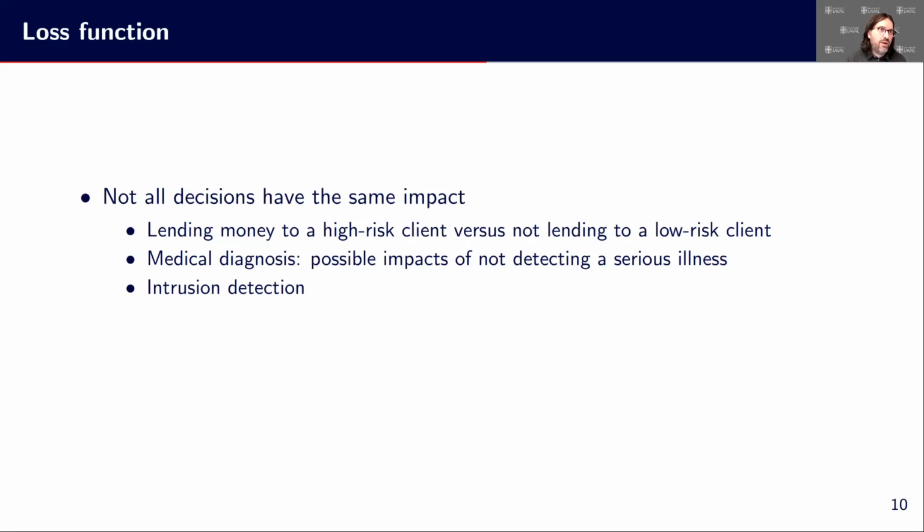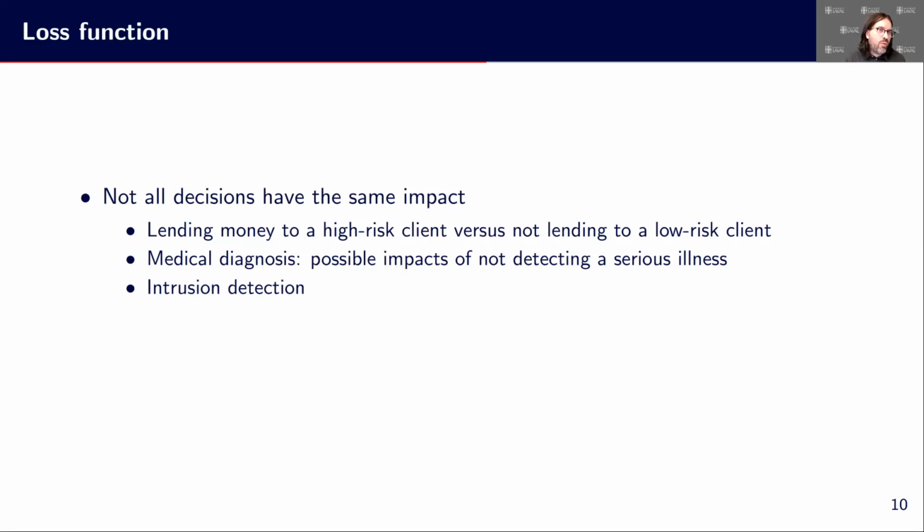So missing the fact that someone has an illness, think about, for example, someone who has cancer and the test is negative, so it means that we aren't detecting the cancer. The impacts can be huge for that person if we are not treating that person quickly. But if on the opposite, we are detecting a cancer in someone that does not have cancer, well, it's not fun, but the impact is likely to be much less. And we are probably able to detect again that it was a wrong detection. So in that case, we may adjust things.